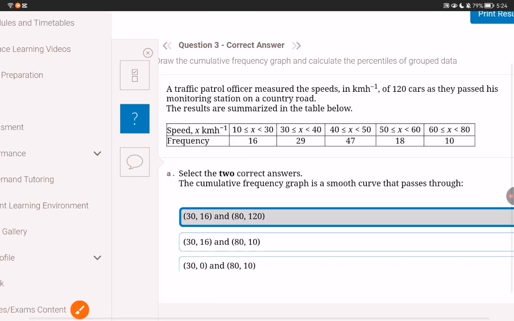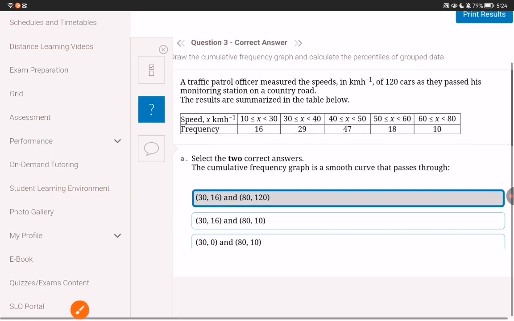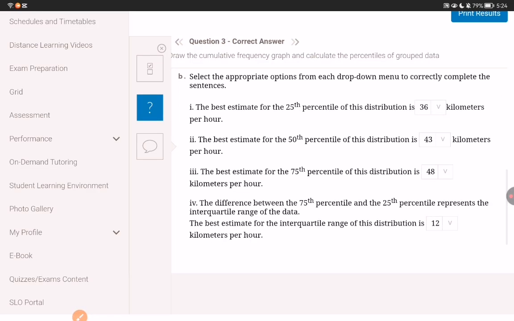Okay? I'm going to try not to spend as much time as possible on this because most of this stuff you guys should be able to do yourselves, because we did it many times in AMCs and stuff. So the best estimate for the 25th percentile of this distribution. So obviously you're going to have your curve.